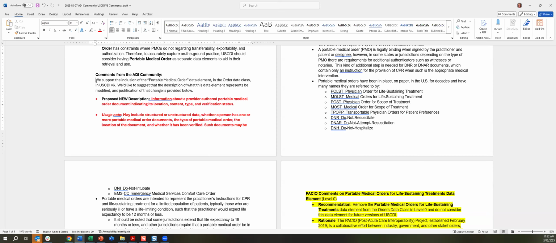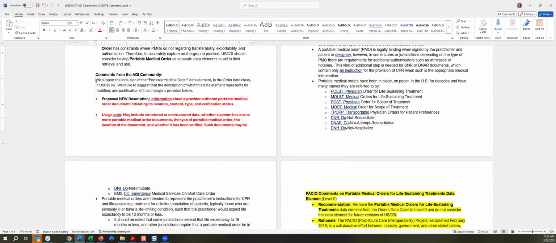However, since there's not an implementation guide that we can point to, and honestly, there's only one system that I know of that can actually create all of this discrete structured data.